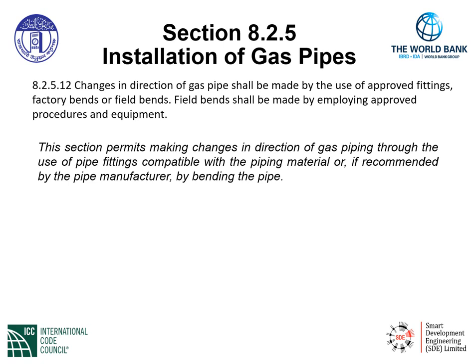Whenever we field bend piping, ladies and gentlemen, they must be bent by employing approved procedures and equipment. We have pipe benders, ladies and gentlemen, that actually work to our benefit.